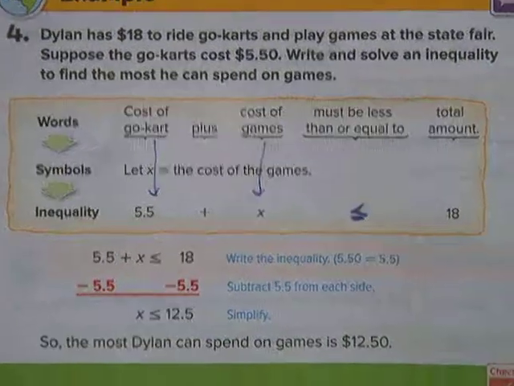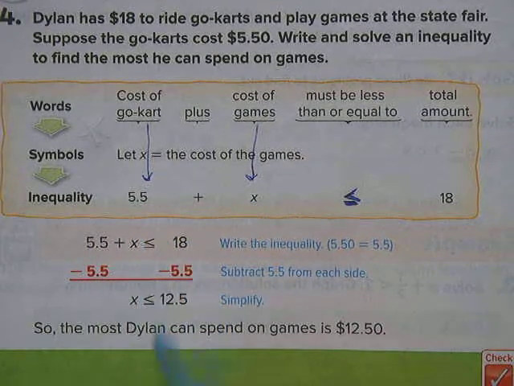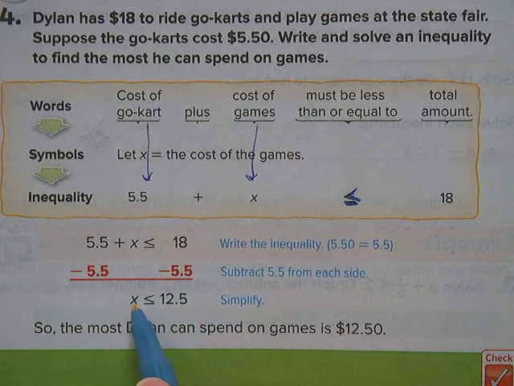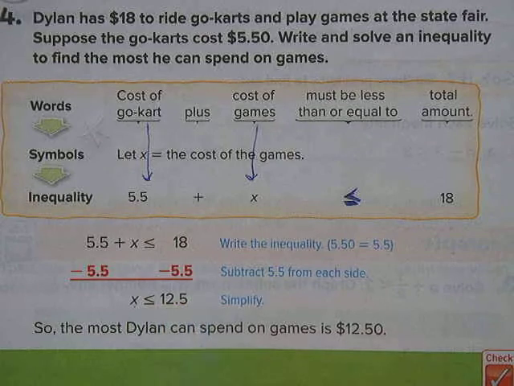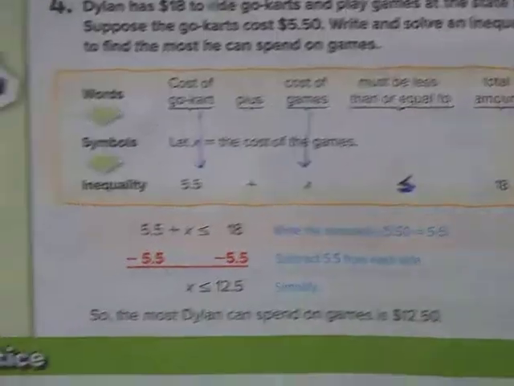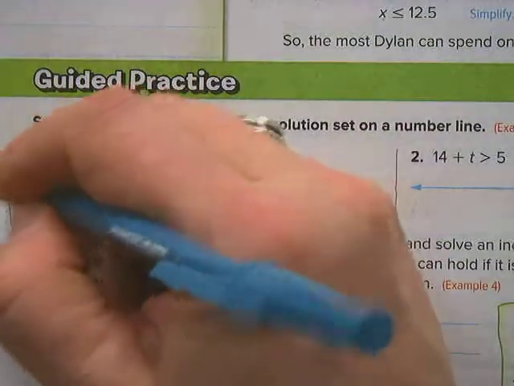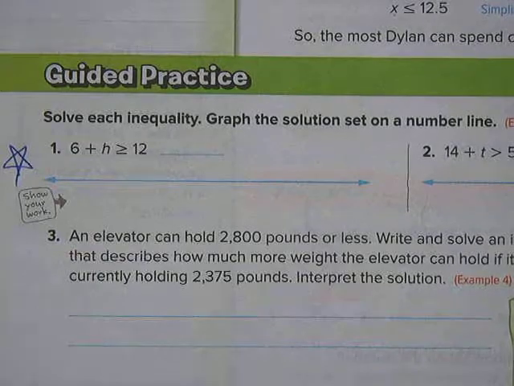That's where the equal to part comes in. But it would be okay if he spent less than that, if he went home with some money. Notice when we solve this, we subtract $5.50 from both sides. And this solution means he can spend on games x, anything less than or equal to $12.50.